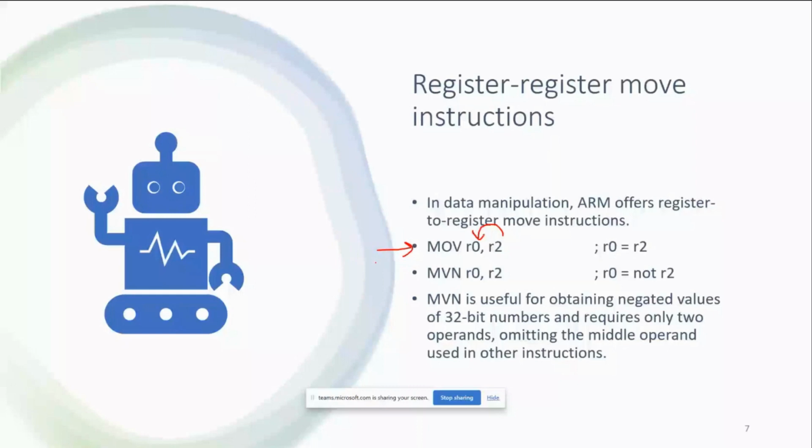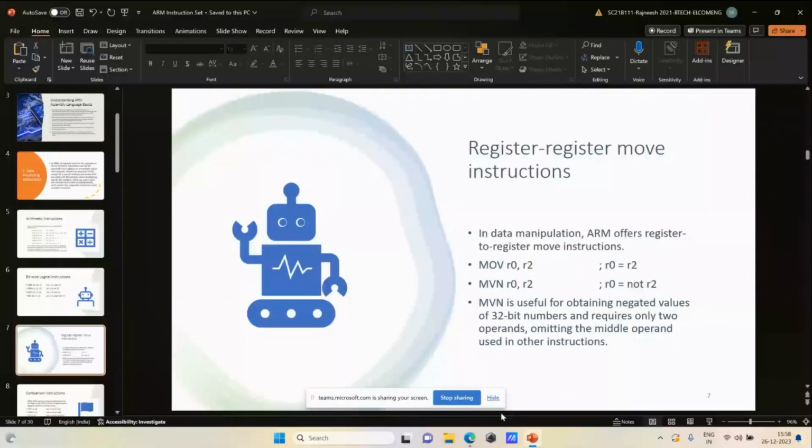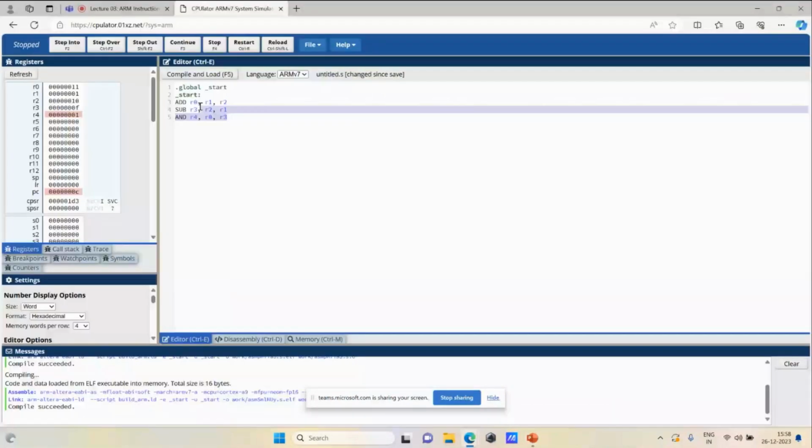Let us see; you understand more if you see the working of it here. So let's erase all these things. Move R5, comma R0. So the value in R0 will be moved to R5.